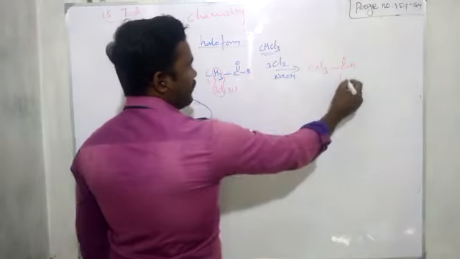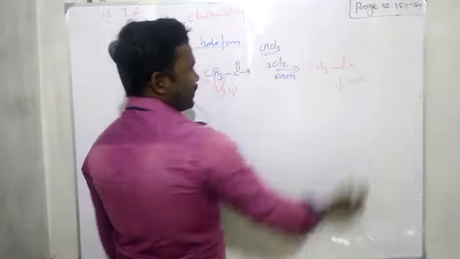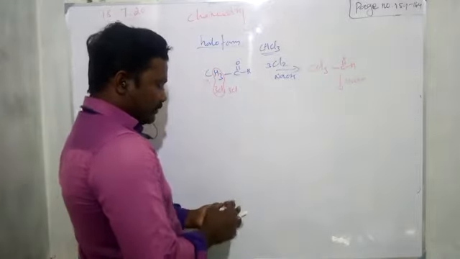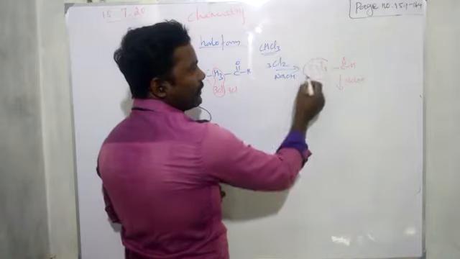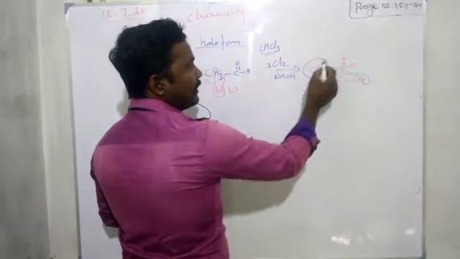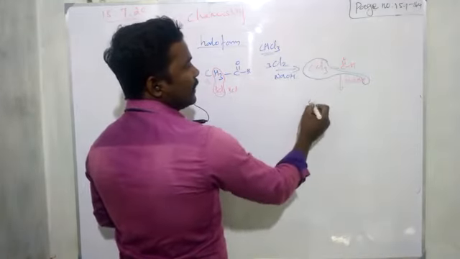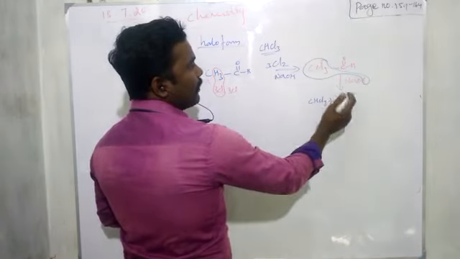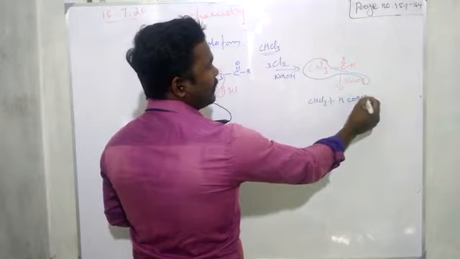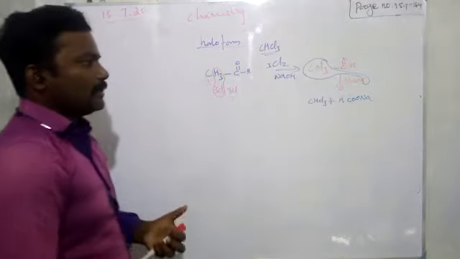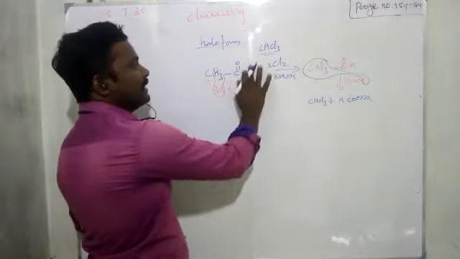Further, react with sodium hydroxide. Simply you remove the chloroform. What's the molecular formula for chloroform? CHCl3. You will get CHCl3, chloroform. What's the remaining? HCOONa. Okay, sir, in the book they have given CH3 here.